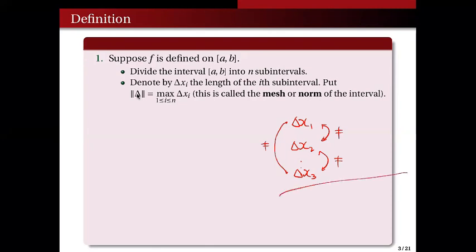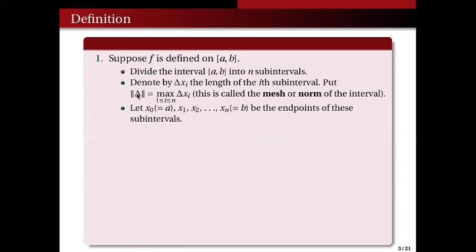Okay? Then, let x sub 0, that is your a, and then x1, x2 until xn, where xn is your b, be the endpoints of these subintervals, just like the way we did last time.